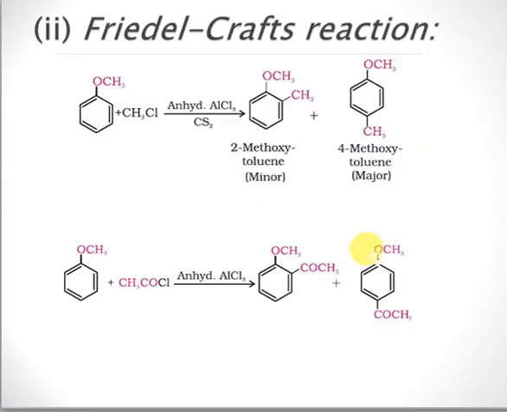Similarly, in the Friedel-Crafts alkylation, here we have a methyl group and a methoxy group, right? Because of steric hindrance, this ortho product is not formed as a major product. Similarly, this ketonic group is still a larger group, and this is a methoxy group. So because of the steric hindrance, the ortho product is a minor product, while the para product is the major product, right?